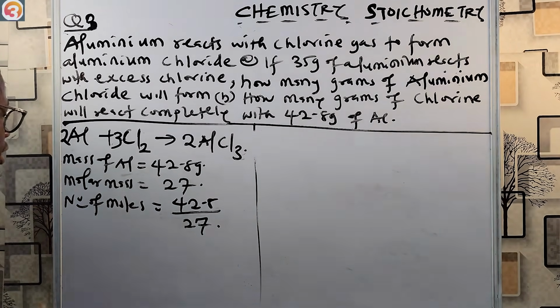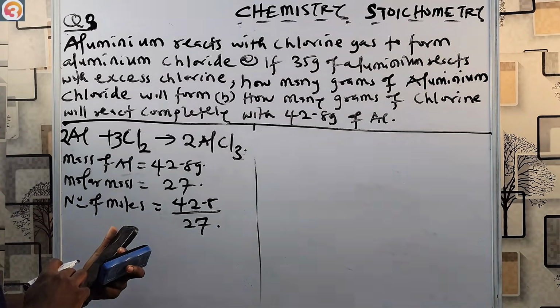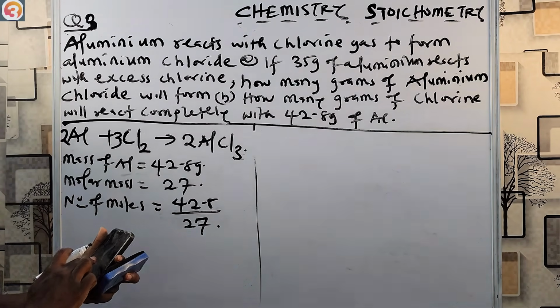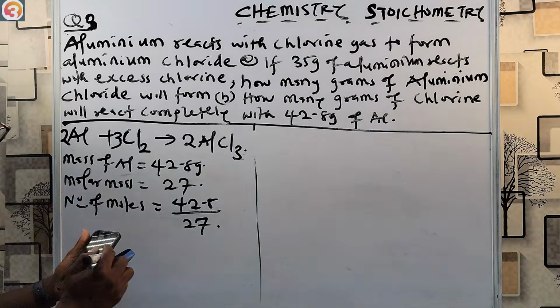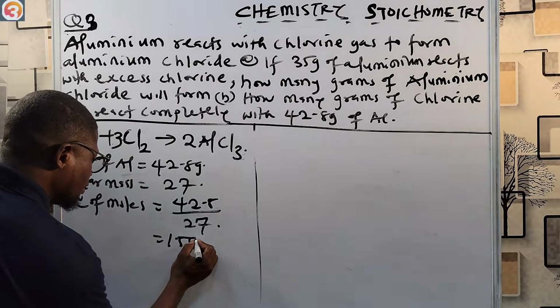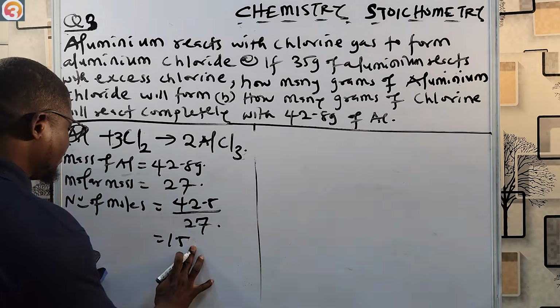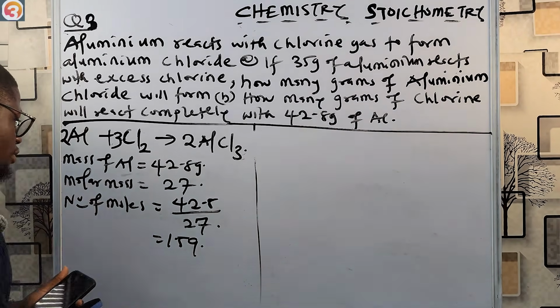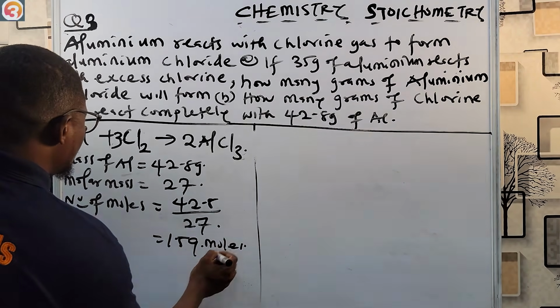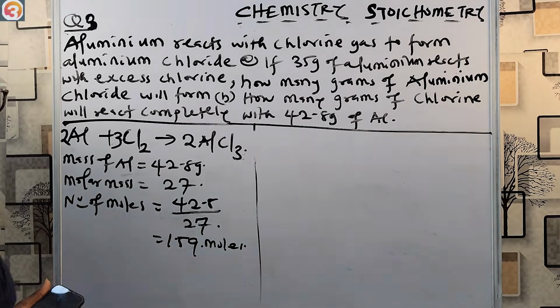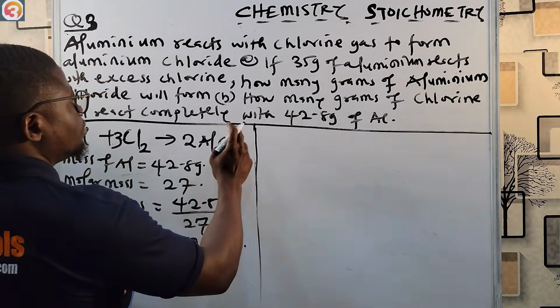If we do this calculation, 42.8 divided by 27 is 1.58, or 1.59. Let us say 1.59 moles.